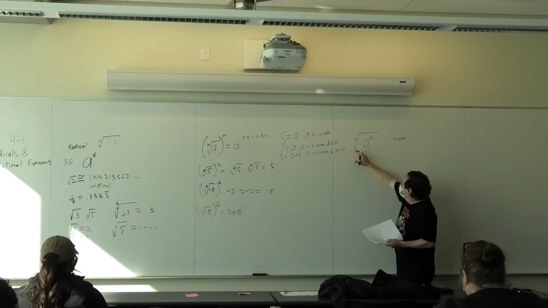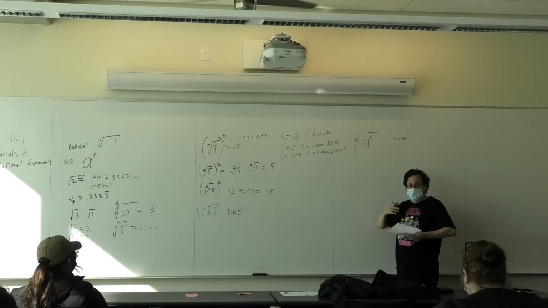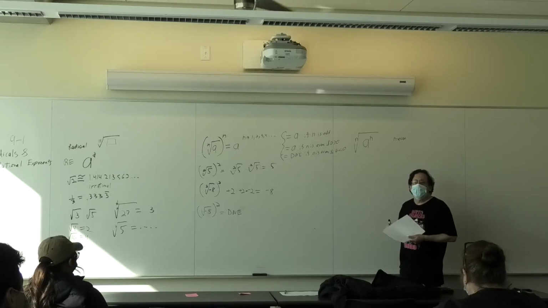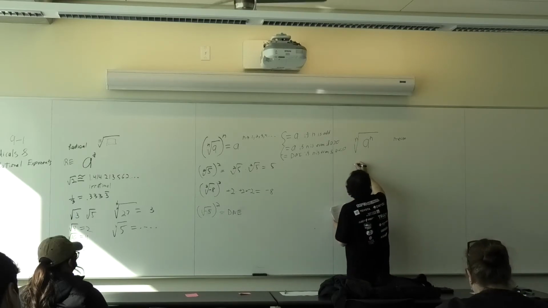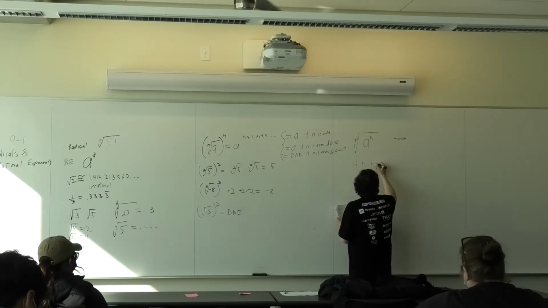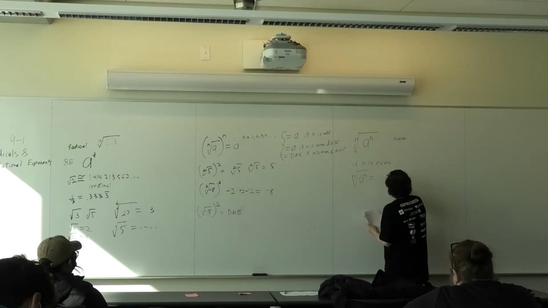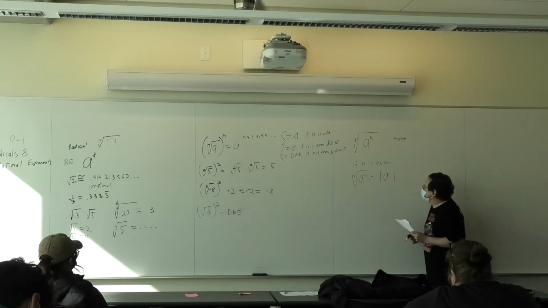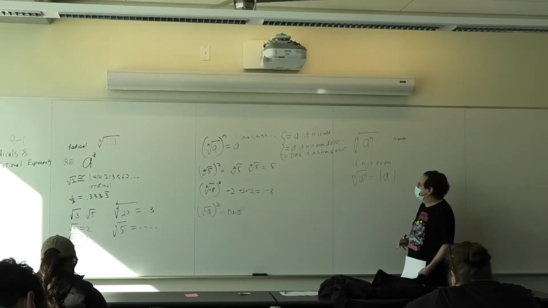And when I find the nth root, I'm going to get the positive version of that number. So the way we would write that is, if n is even, the nth root of a to the n is the absolute value of a. That is, if n is even and this is a negative number, I turn it into a positive number.